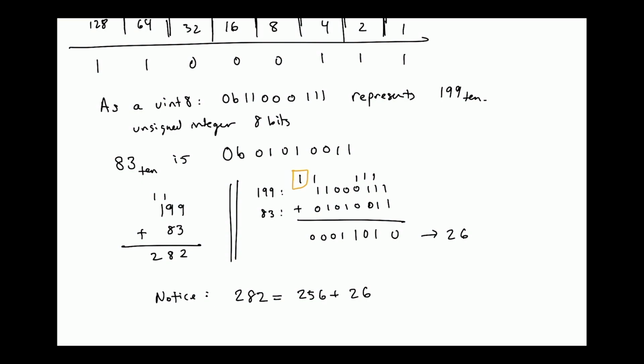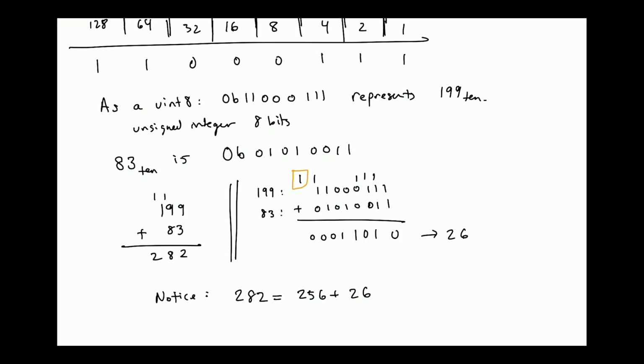Now, furthermore, what I want to point out is, what's the remainder of 282 if I divide it by 256? 26, right? What's the remainder of 26 if I divide it by 256? Well, 26, because 256 can't go into 26, it's too big, right?